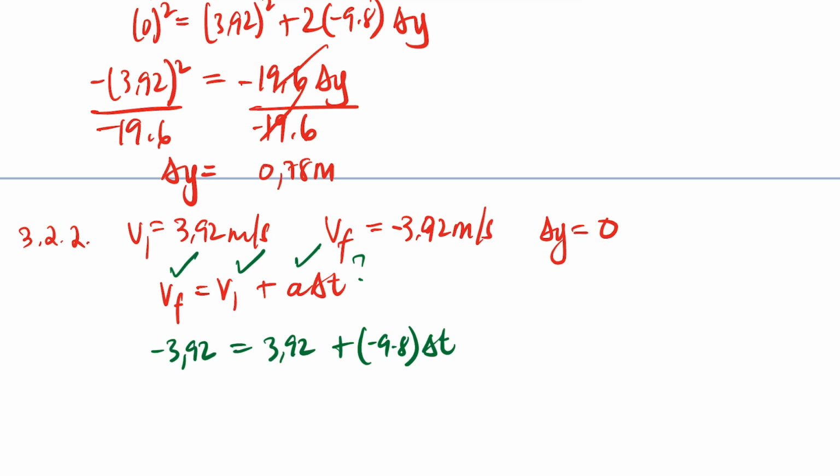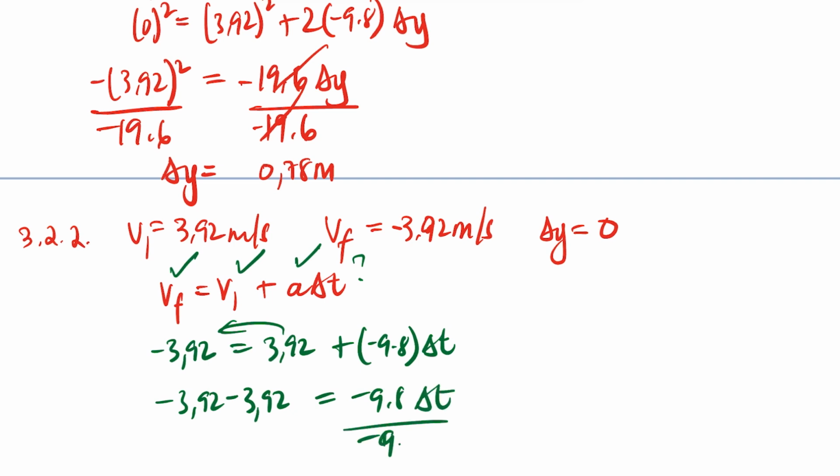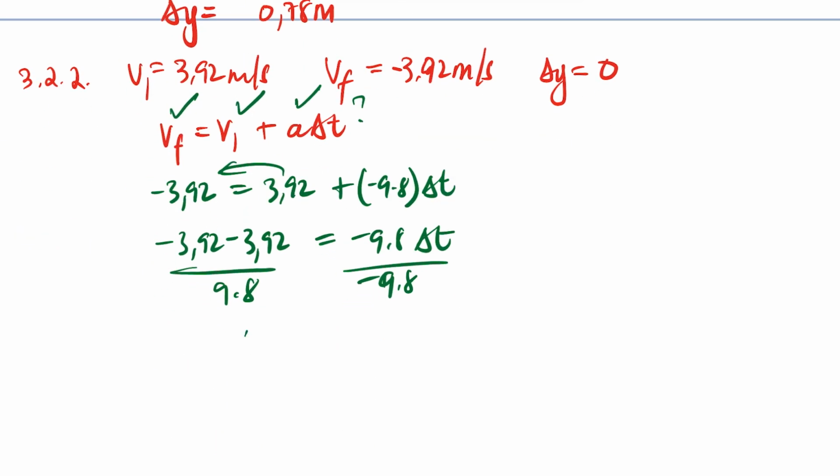Change in t. And then if you take this to this side, it's going to be the double of that. So it's going to be 3.92 minus 3.92, equal to 9.8 change in t, and then we divide by negative 9.8 both sides, and then our delta t for that motion is 0.8 seconds.